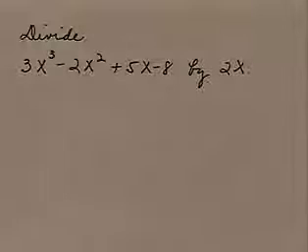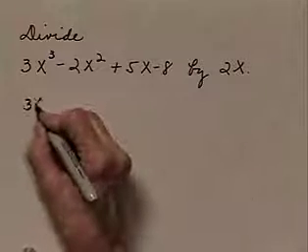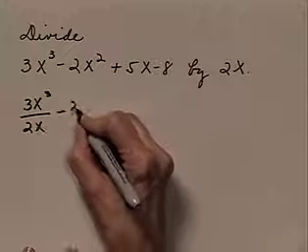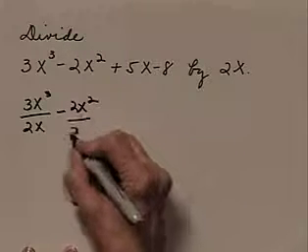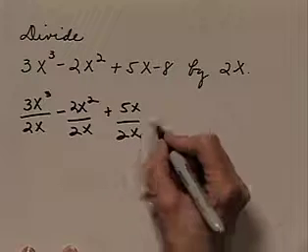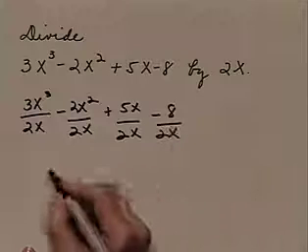We're going to divide 3x cubed minus 2x squared plus 5x minus 8 by 2x. In this example, we can divide each term of the dividend by 2x. So we have 3x cubed divided by 2x minus 2x squared divided by 2x plus 5x divided by 2x minus 8 divided by 2x.